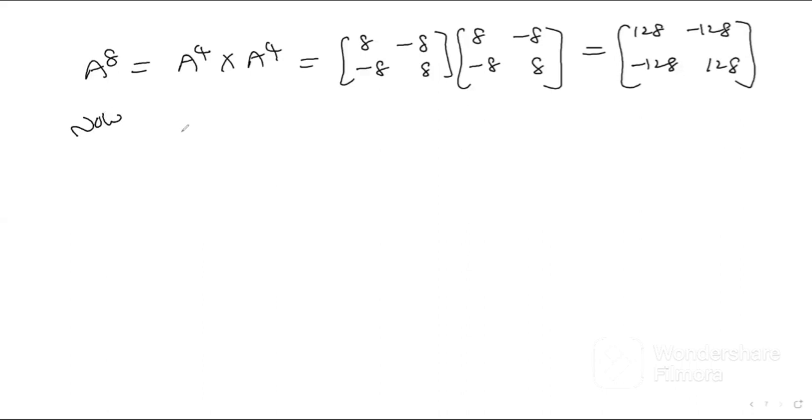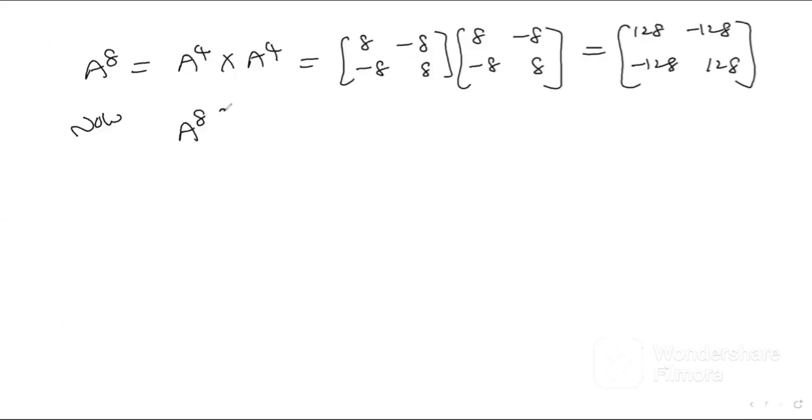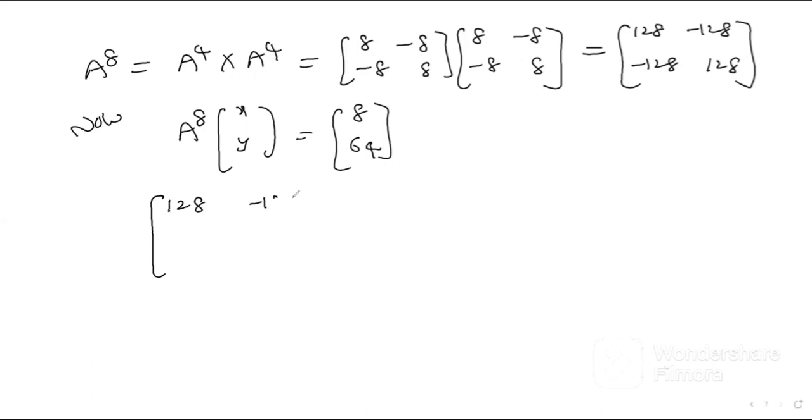Now from the statement, what is the given condition? A to the power 8 into the column matrix x y is equal to the column matrix 8 64. So writing the A to the power 8 value: 128, minus 128, minus 128, plus 128, into x y is equal to 8 64.